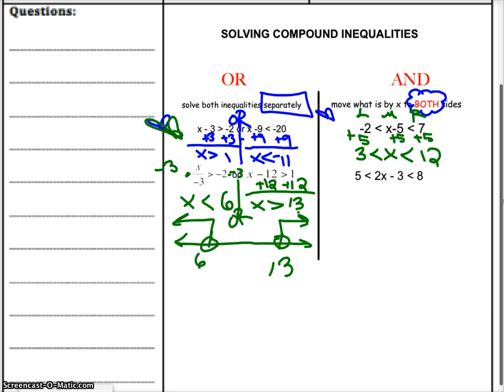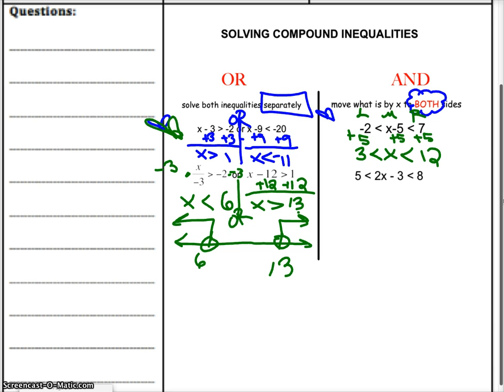Okay. Now this is how you read this. 5 is less than 2x minus 3, which is less than 8. That's how I say that. So remember, I have 3 parts. So whatever I do to the middle, I have to do to the left and to the right. So what do you think I should do first?